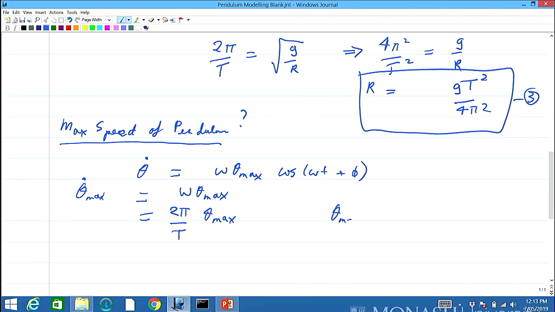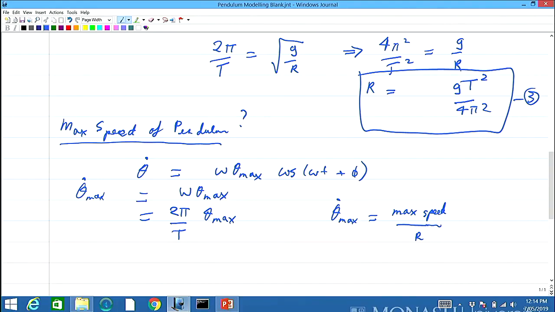So I'm going to suggest that we can use theta dot max as equal to the maximum speed of the pendulum divided by r, where r is the radius to the point mass. Okay, so if you divide by r, you'll get the angular speed. We know the maximum speed, so you divide by r, and that gives you theta dot max.